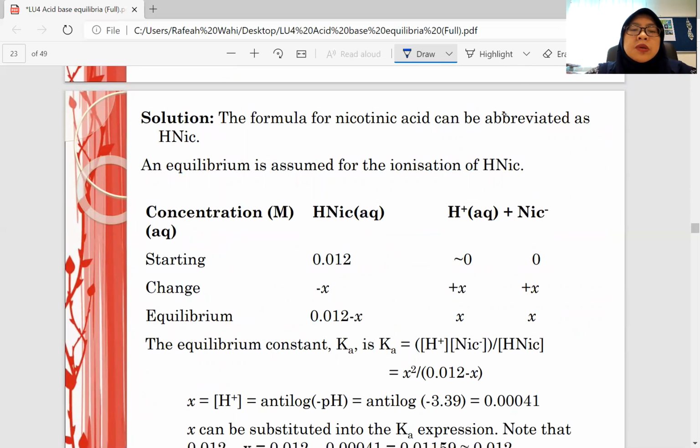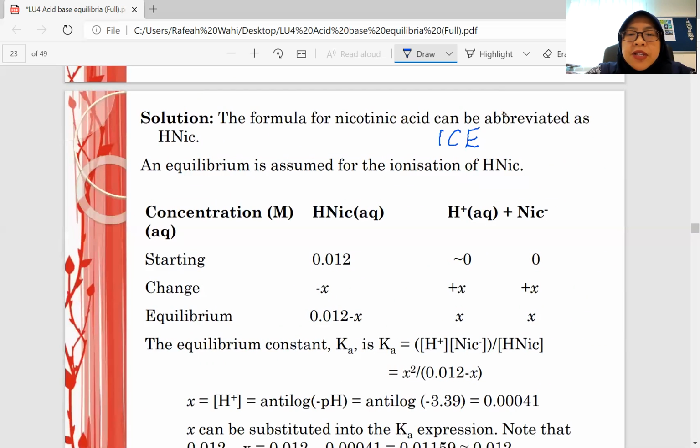In order to provide a solution for the questions that we have just now, first, the Ka for nicotinic acid, second, the percent ionization, we have to use the ICE table. I believe that you have come across the term ICE table when you were in the foundation study as well as your STPM.